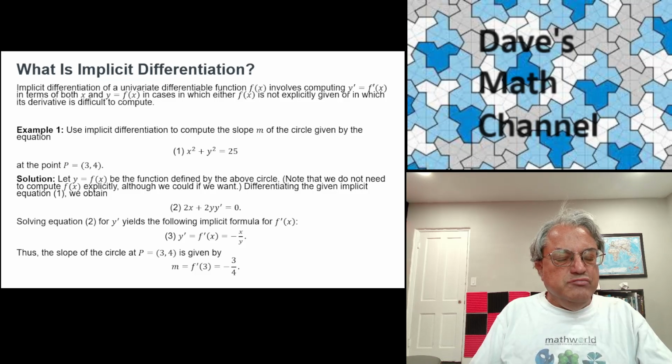So it doesn't give you an explicit expression for the derivative of f of x, but it gives you an implicit one that involves both x and y, and often that's good enough because you only want to, say, compute the derivative of f of x at a given point. Maybe you wanted the slope of a curve at a given point.